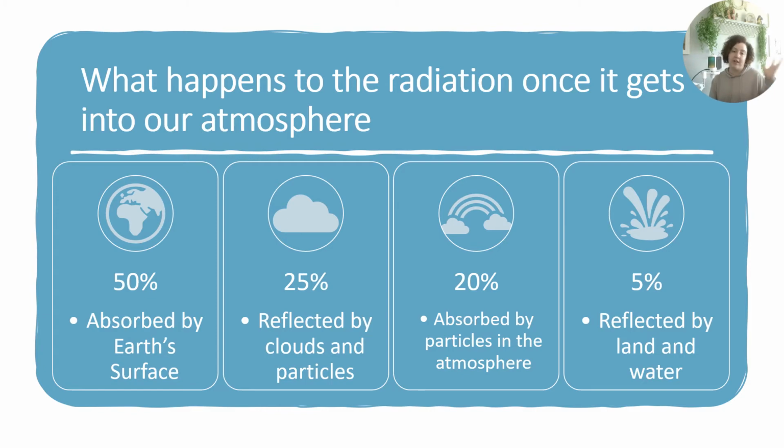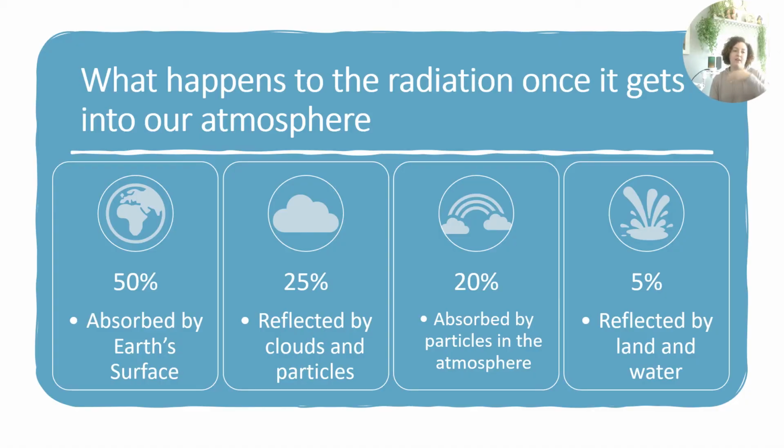25% of whatever radiation makes it to us from the sun gets reflected back thanks to the clouds in our sky. Granted, I'm looking outside right now, not a lot of clouds, but thanks to clouds and other particles just within our atmosphere, it gets reflected back. 20% of all of the radiation that makes it to us from the sun is absorbed by those particles within our atmosphere.